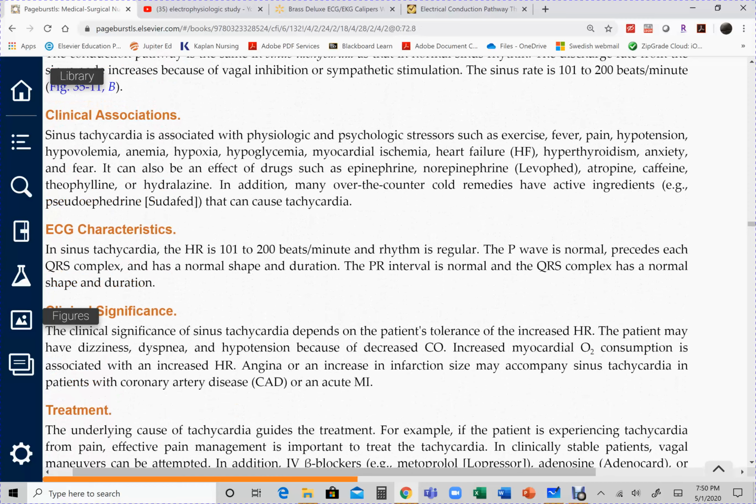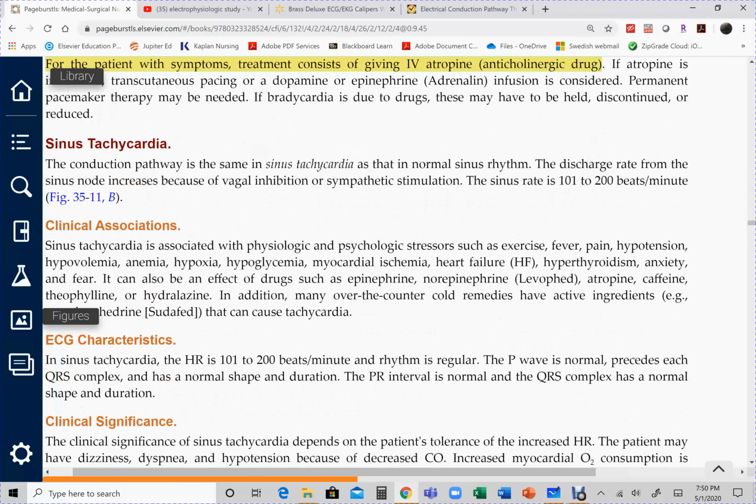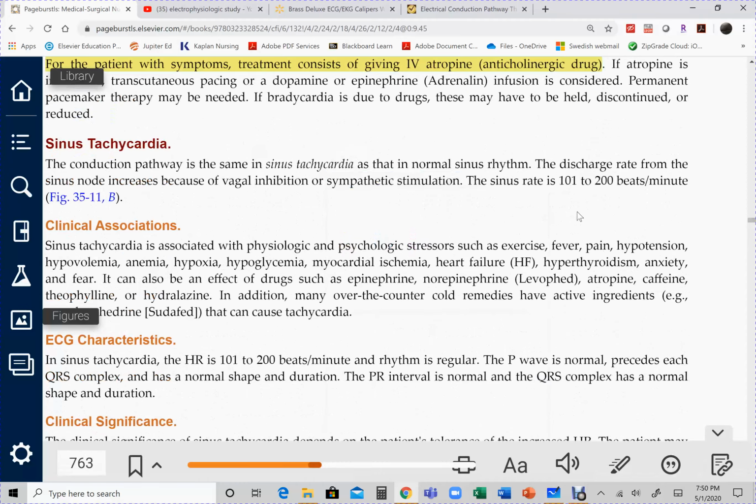Maybe the patient's in pain, okay, or maybe they just ran across the hall. Maybe they're dehydrated, or maybe check the labs. Maybe they have anemia or their oxygen level. Okay, so because these are the triggers of sympathetic response as defined here. Sinus tach isn't always abnormal because this is a result of sympathetic stimulation. All right.